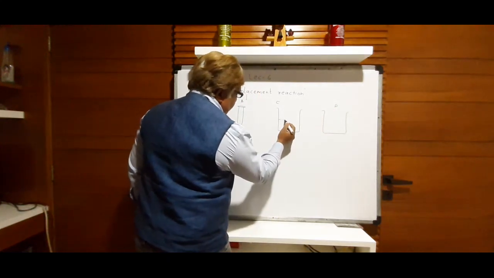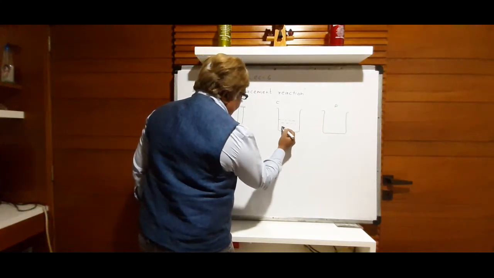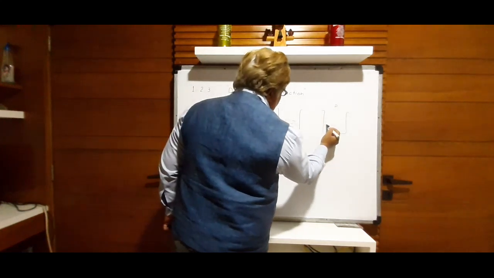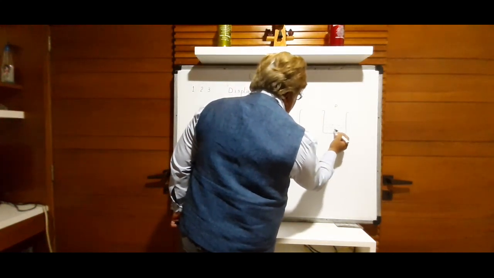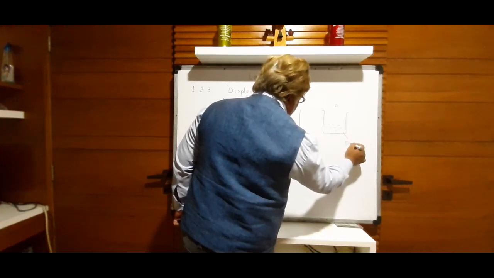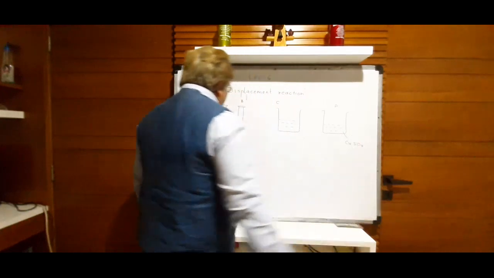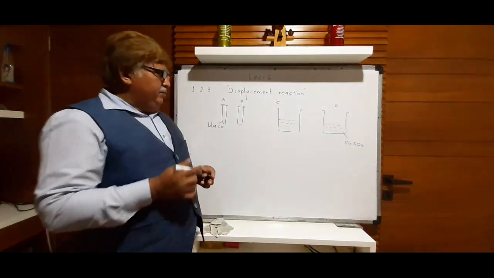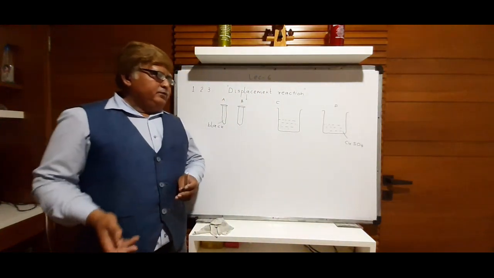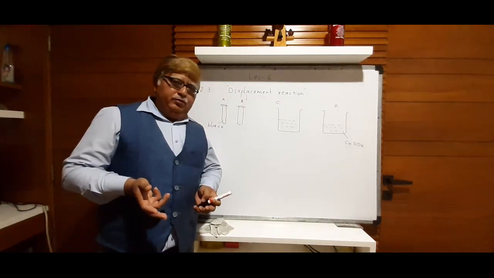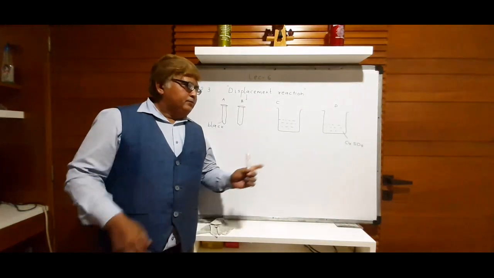In both, take copper sulfate solution. In both you have to take copper sulfate solution. This is some apparatus arrangement and chemicals you require. You take two test tubes, you take two beakers.